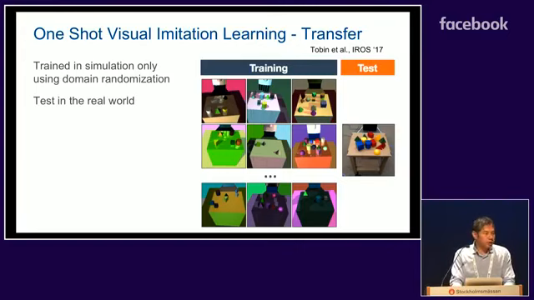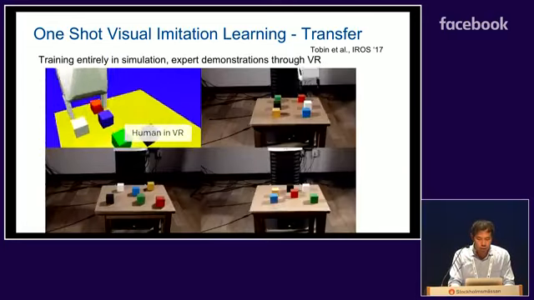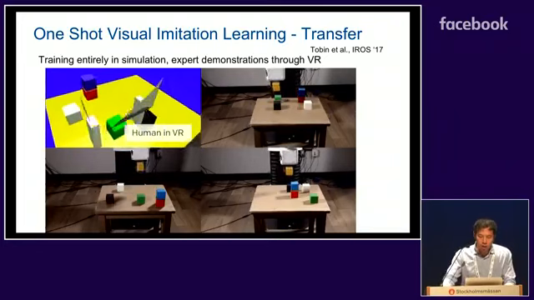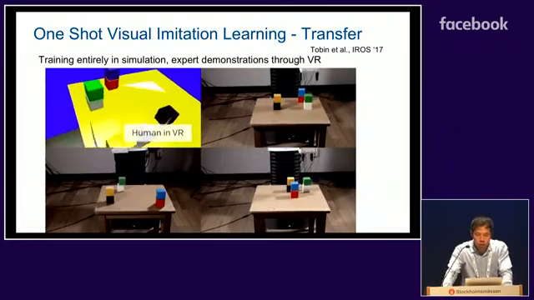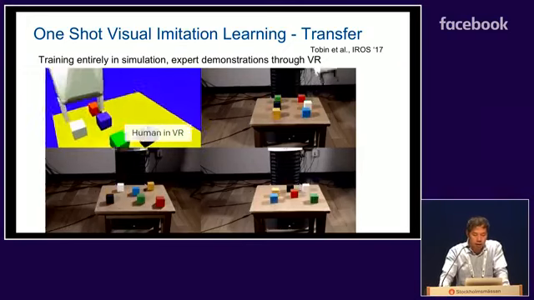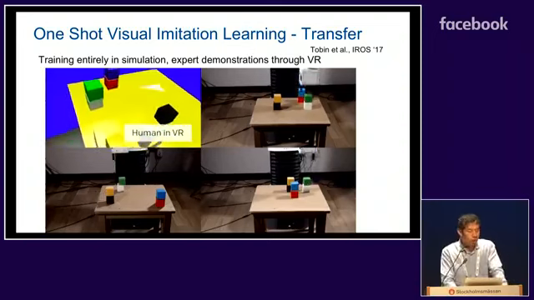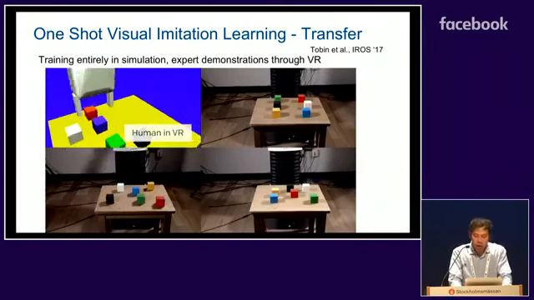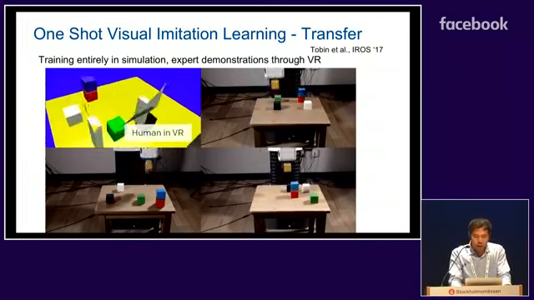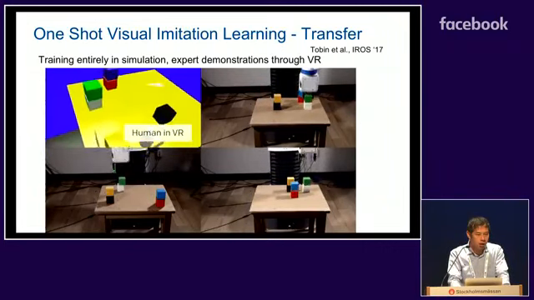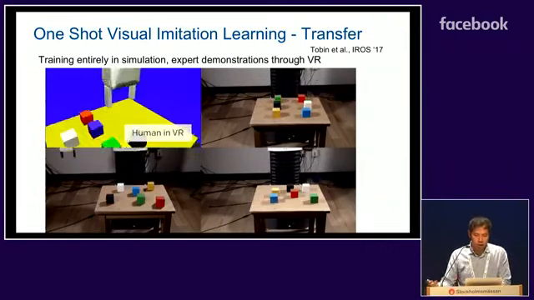So to handle this sim to real transfer, they train using domain randomization with different lighting conditions and different surface textures, etc. And the result is something like this, where the network will map visual images to actions end to end. And the human can also give demonstrations simply in virtual reality, like in the upper left-hand corner, instead of previously having to grab the robotic arms to literally demonstrate the task.